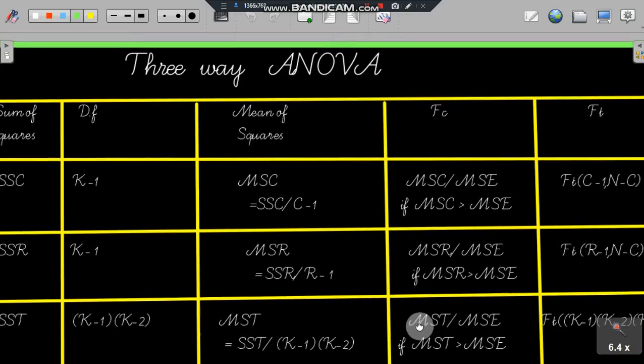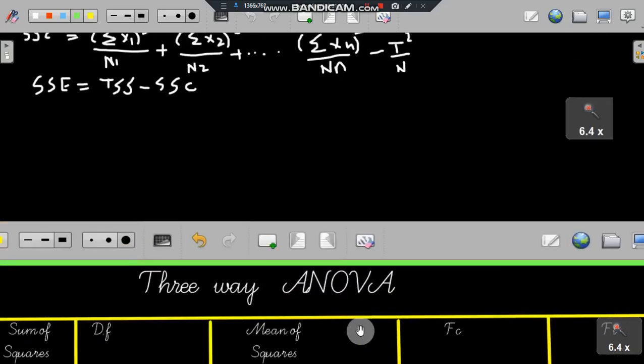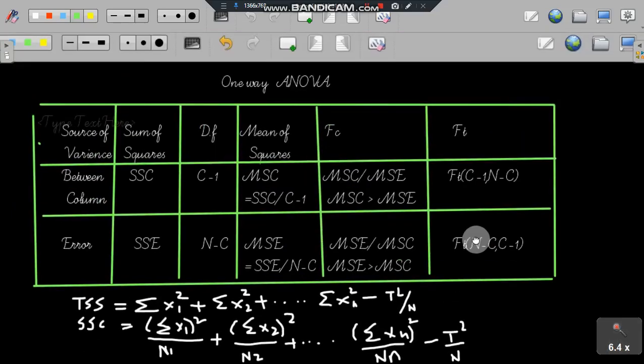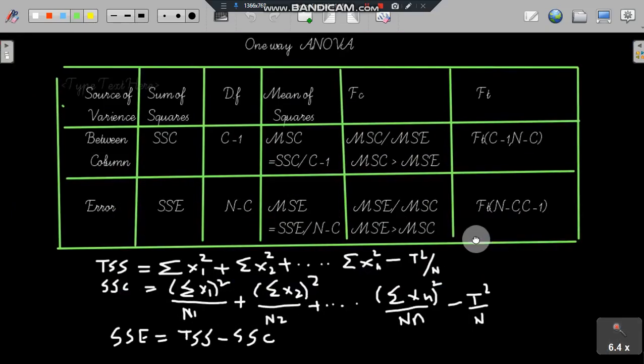So there are three types of ANOVA we are going to discuss here. The first one is one way ANOVA, and that consists of this particular table.